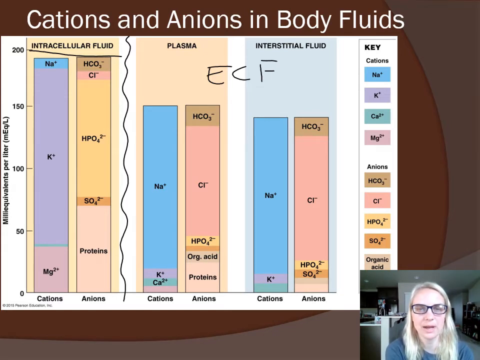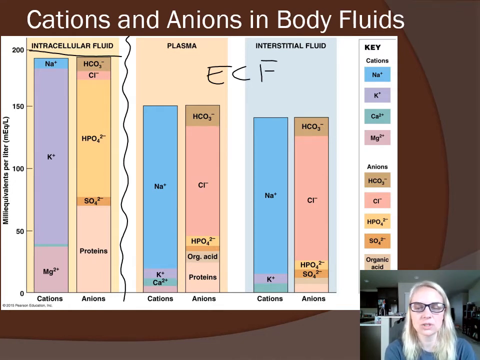We really learned that back in muscle physiology. Our negatively charged ions, still inside of cells, are primarily going to be phosphates and proteins. And if we remember, that also allowed us to have that negatively charged inner part of the membrane compared to the outside.